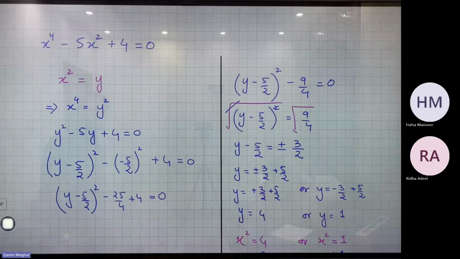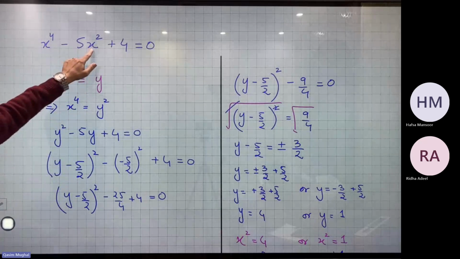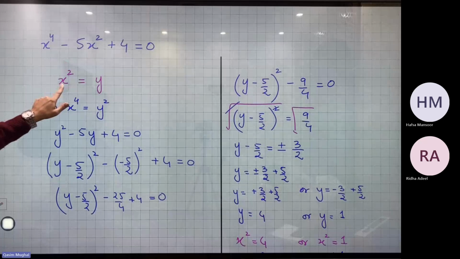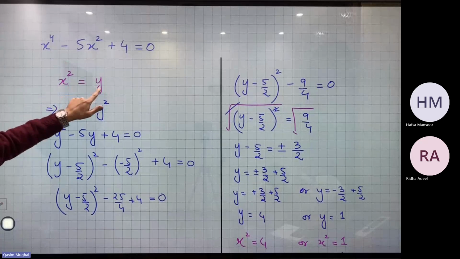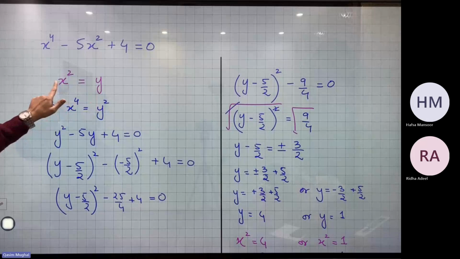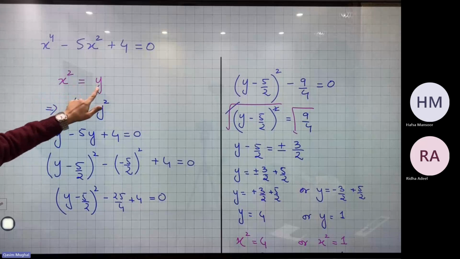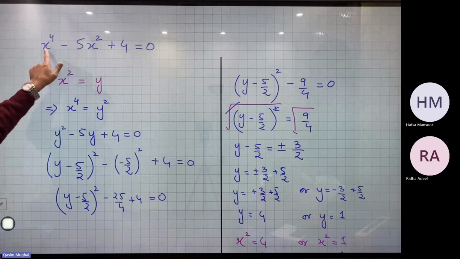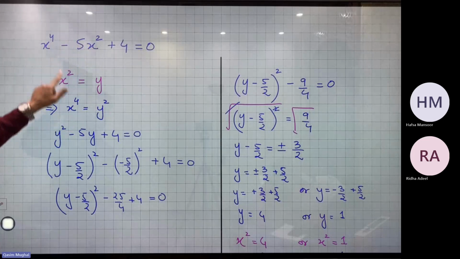So the way to go about it is, the variable which has half the power of the other one, you take that and you assign a new variable to it. Let's just say y in this case. If you take the square on both sides, it will always give you the other one, because initially that's what we checked, that one power is half of the other one.